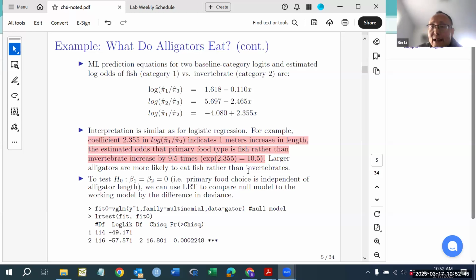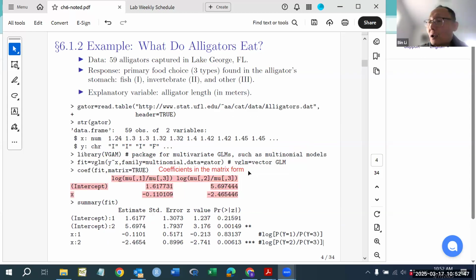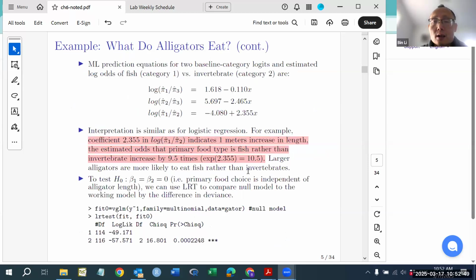So based on the model outputs, we can write out three equations, right? Because we have three classes. The first is category 1, that's the fish, versus the other. So we have the log odds model with the intercept and slope, right? And the invertebrates against the others.